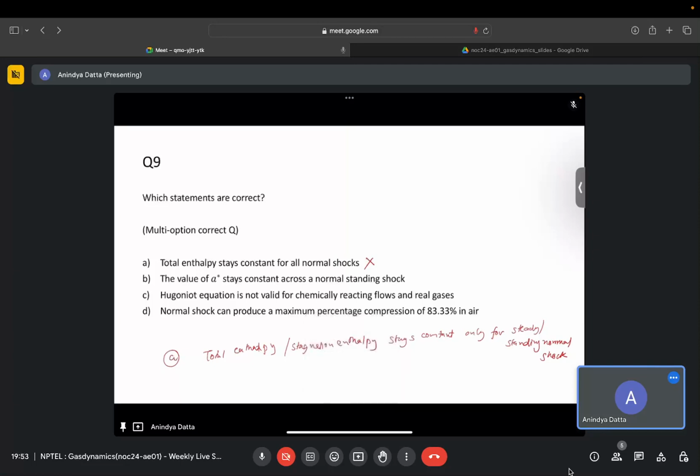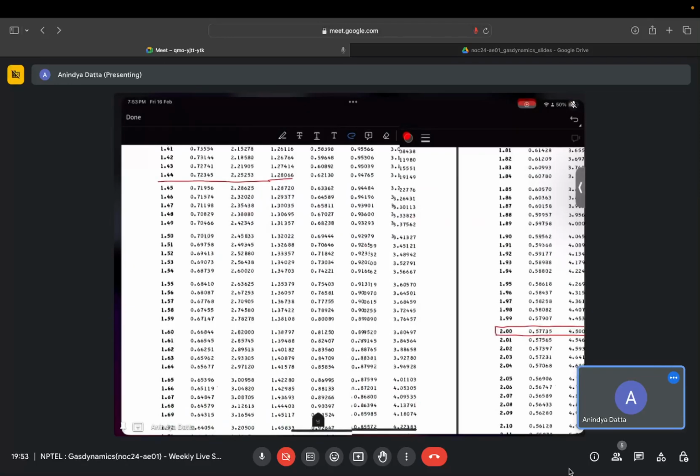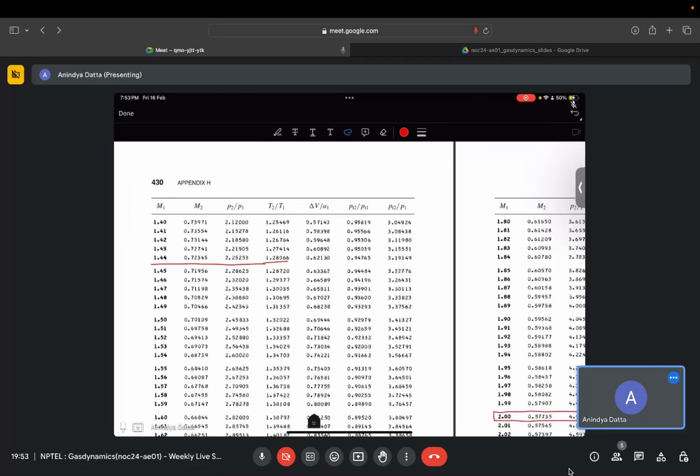There is an important point: in the case of a moving shock, the total enthalpy and stagnation enthalpy do not stay constant. When you change the frame of reference while solving a moving shock problem and use the normal shock gas table, you can only use the relations corresponding to the static properties. Let me go to the gas table. You see in the gas table you have these different columns.